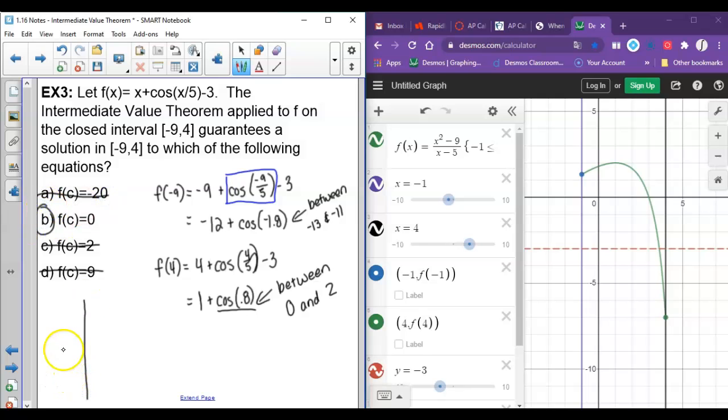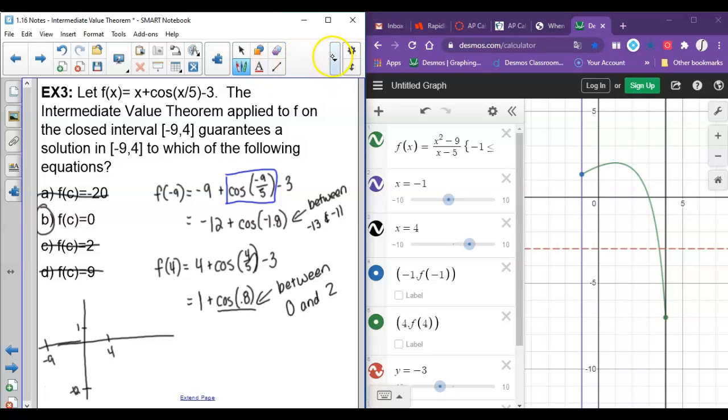You can kind of think of it, if you're thinking of a graph, and over here you've got your -9, and over here you've got your 4. Down here, I'm going to put -12 and 1.